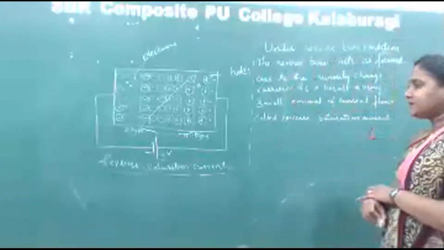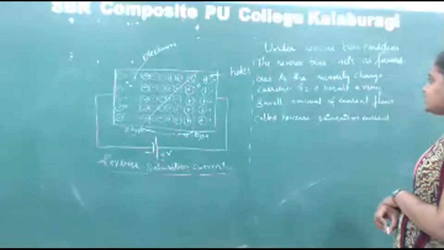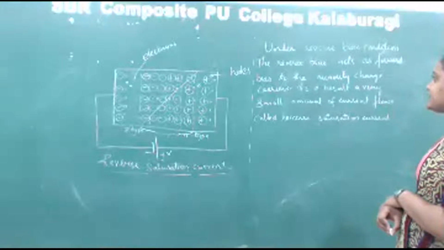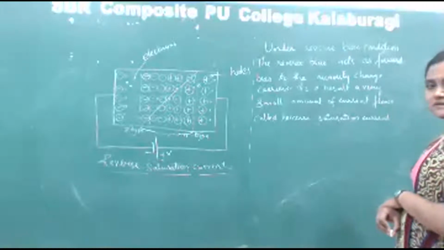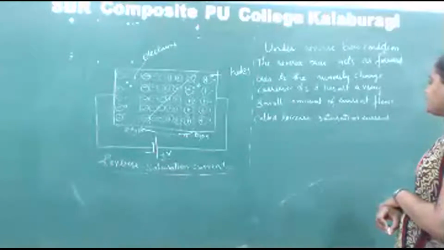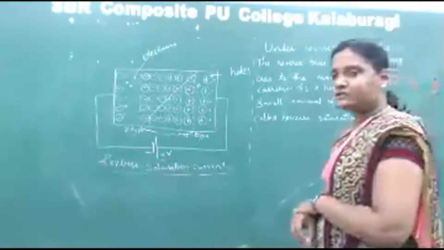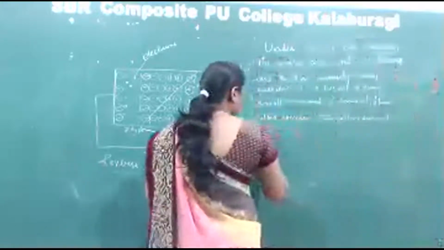Called as what? Reverse saturation current. Under reverse bias condition, the reverse bias acts as forward bias to the minority charge carriers, isn't it? As a result, a very small amount of current flows called reverse saturation current. So how will you define reverse saturation current?